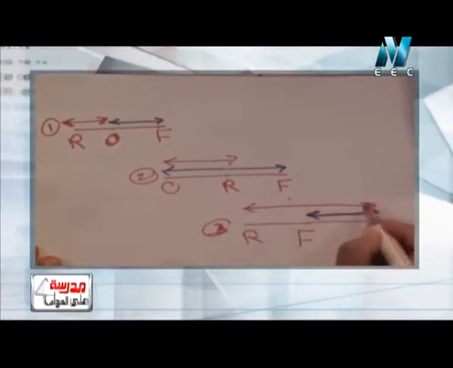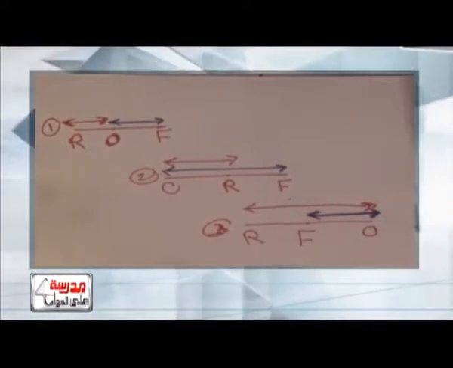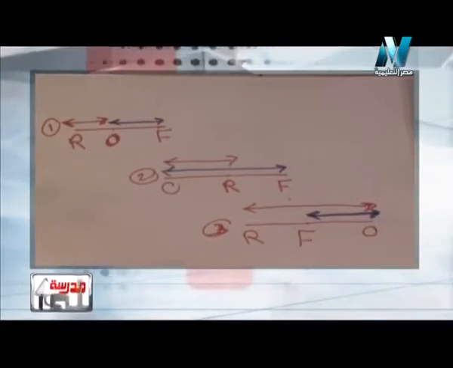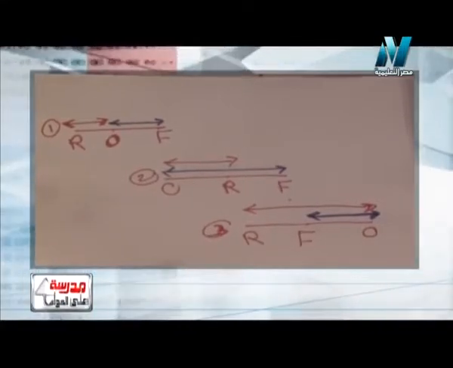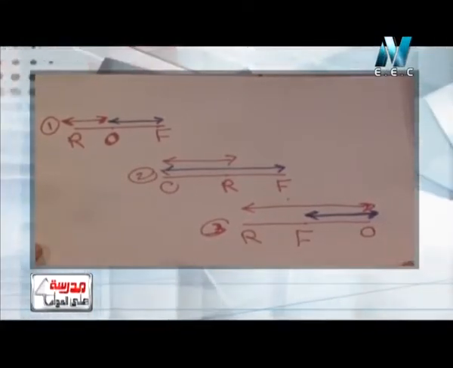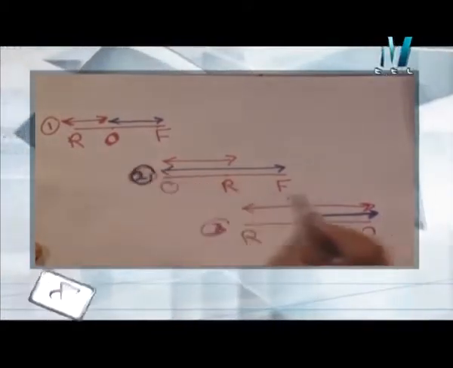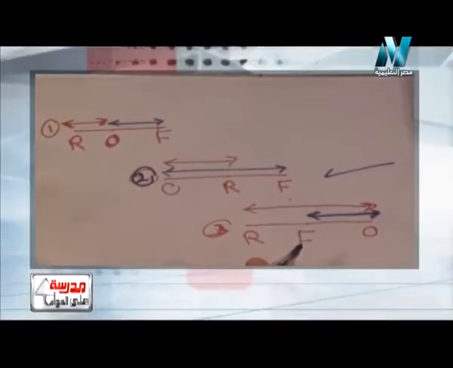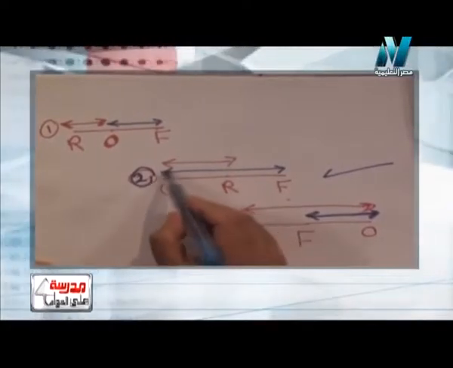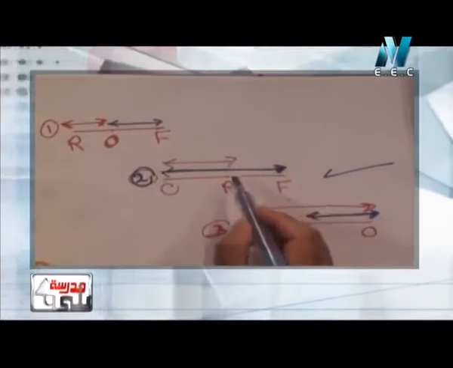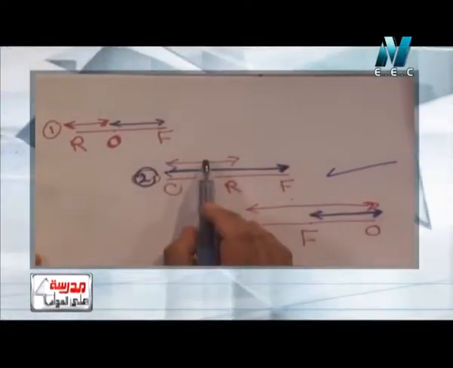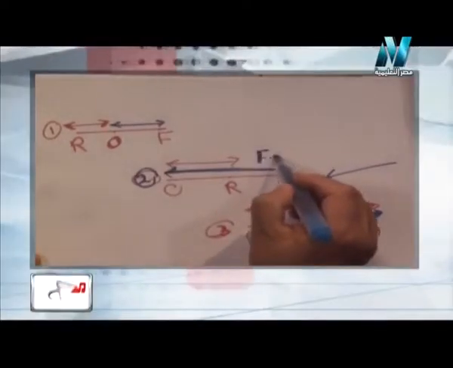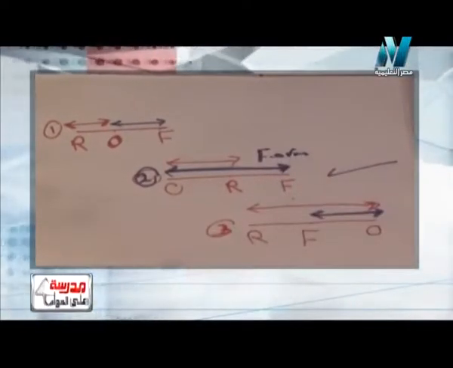So which one of them? في أي drawing من دول is the effort force arm with the blue color longer? Surely in the second class lever. Why? Because in the second class lever the resistance is in the middle, so the effort force arm, all this distance, is longer than the resistance arm.